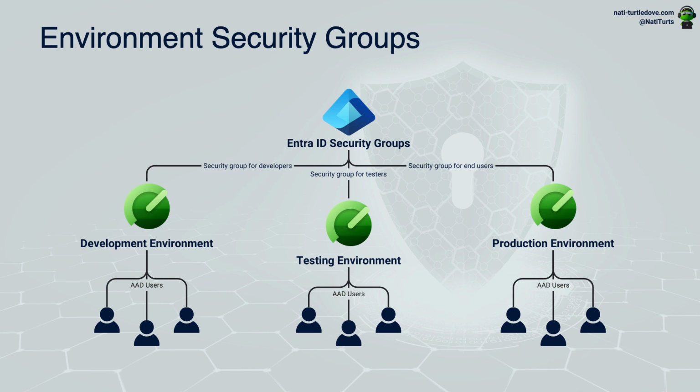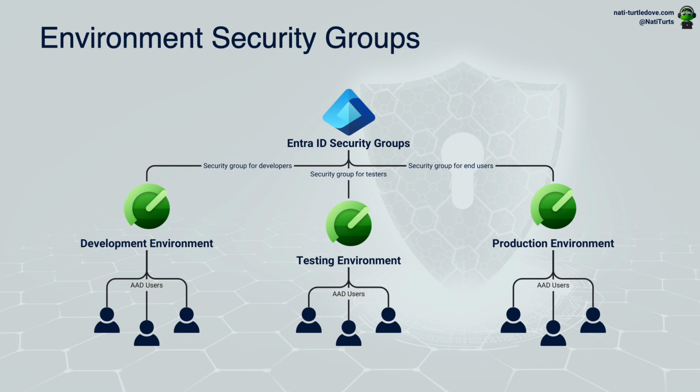So if we were to manage these three environments with assigned security groups, we'd have three Entra ID security groups. One for the developers that hosts all the developers that need access to that environment, one for the testers, and one for the users, which may be company-wide, allowing all the users access to that environment to then interact with the live production application.